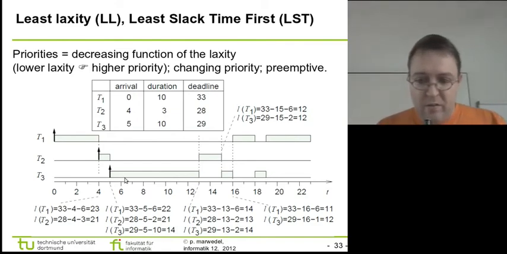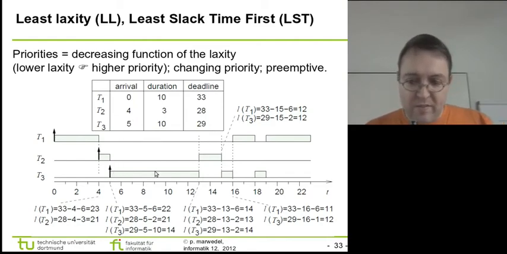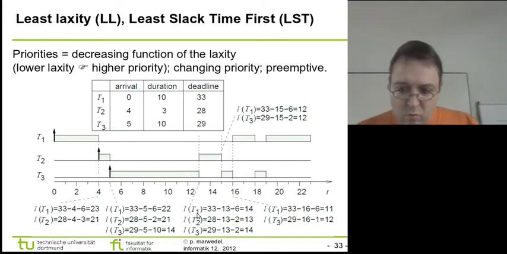And while T3 is working on the processor, of course, the laxities for all the other tasks are continually decreasing, so they are just waiting for the processor. They cannot perform any calculations because T3 is using the processing time. And finally, at a point in time 13, the laxity of T1 is reduced to 14.